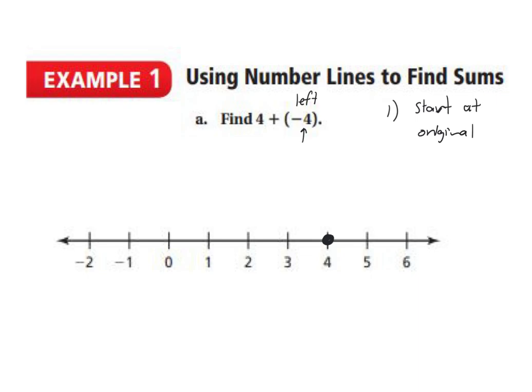How many times? Well, I'm going to go 4 to the left. 1, 2, 3, 4. Okay, so my answer to 4 plus -4 is 0, which makes sense when we talk about our additive inverse, right? The additive inverse of 4 is -4, so we really should have expected to go back to 0 in that case.